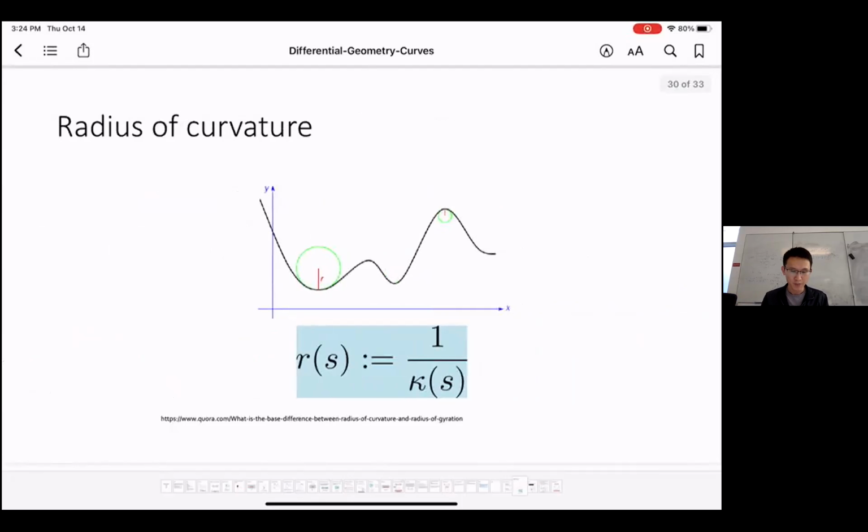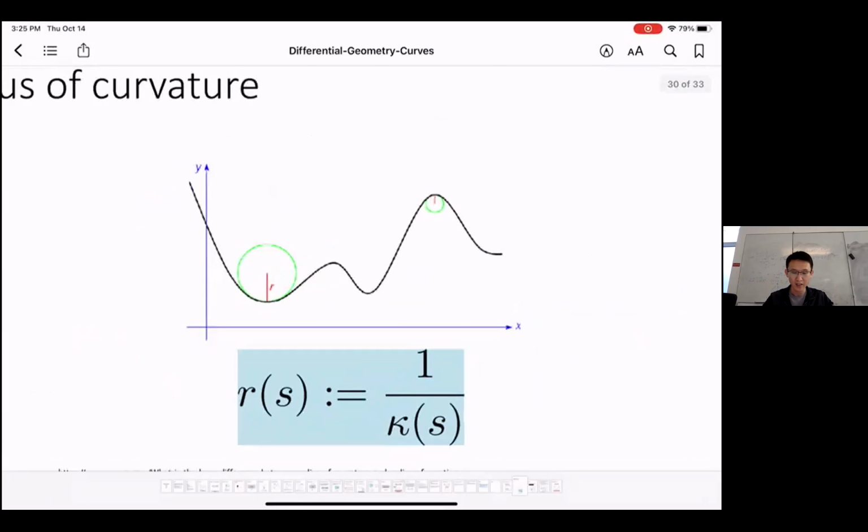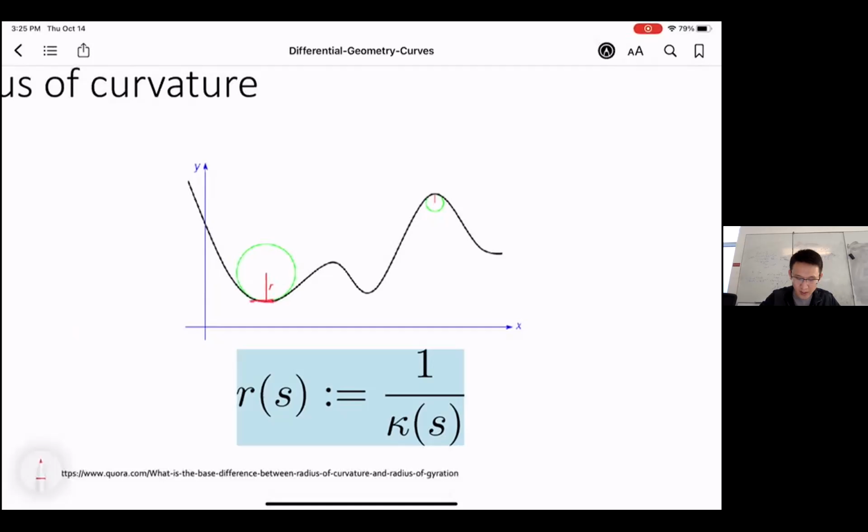Another thing is the radius of curvature. This gives another intuition for understanding curvature. I think this is how I understood curvature the first time I learned it. You think of how curved your curve is as attaching a circle to this point. If the curvature here locally corresponds to this green circle, then I will just use the radius of this green circle to describe the curve.